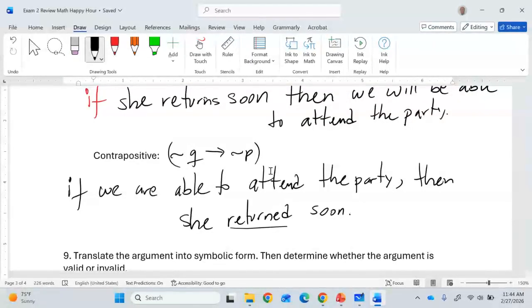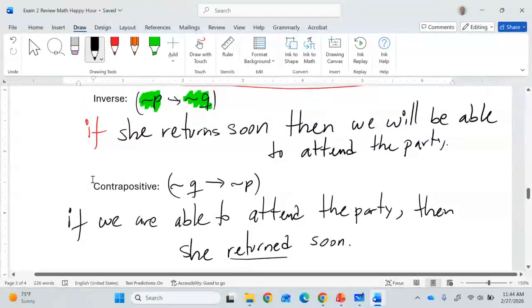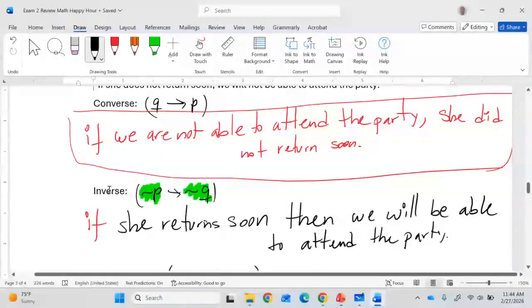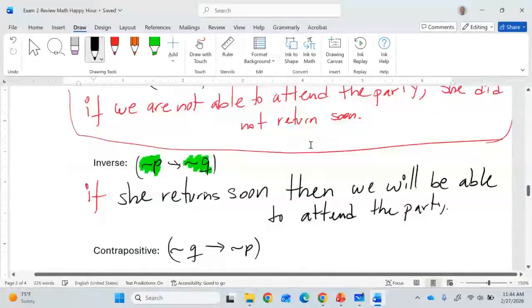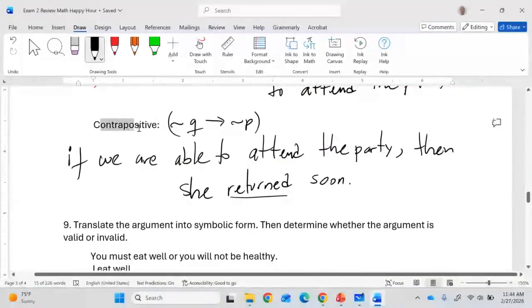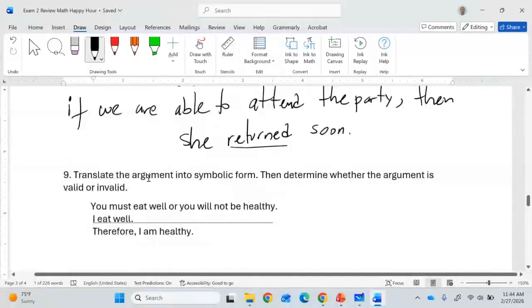I know sometimes when you read them, it doesn't seem like it, but they are equivalent. We talked about equivalent before. We did an example. Equivalent is when they have exactly the same truth values. So if you were to do the truth table for the original sentence and also for the contrapositive, you will notice that they are equivalent.